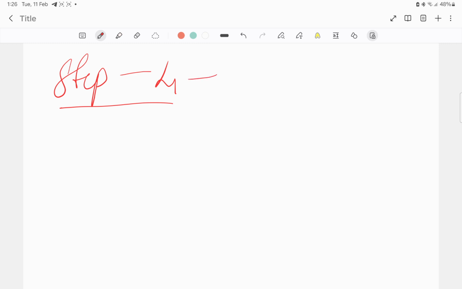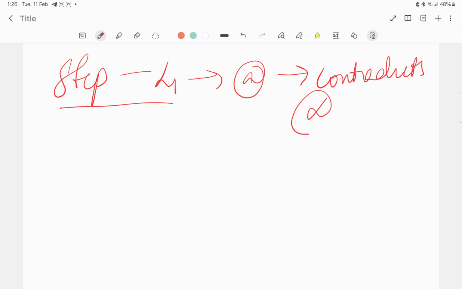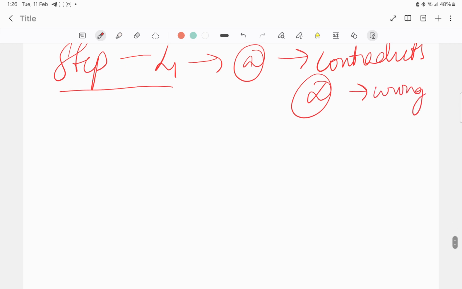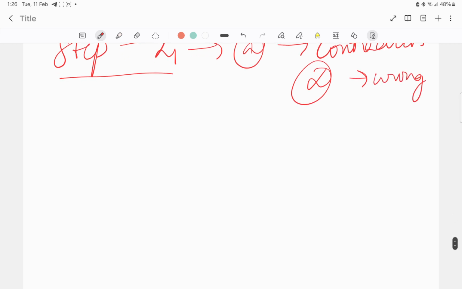If an option contradicts, eliminate it. It will be a wrong, incorrect option. It means if an option directly goes against the passage, it's a guaranteed wrong answer.